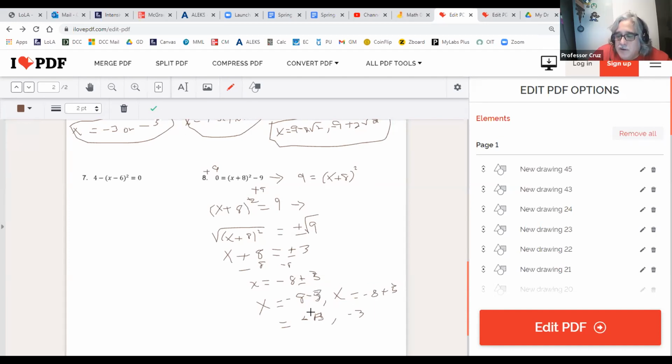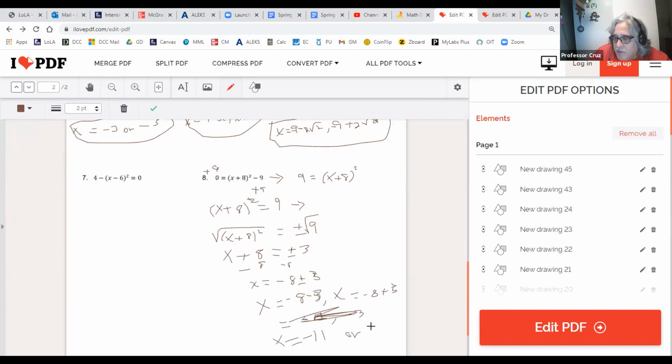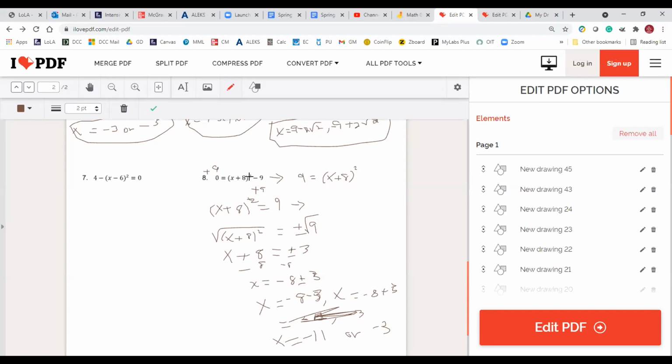See, like I said, I was following my handwriting, what I had written. So x is either negative 11 or negative 5, or negative 3. And just to show you that both of them will work, watch. If you put negative 11 and add 8 to it, you've got negative 3, right?